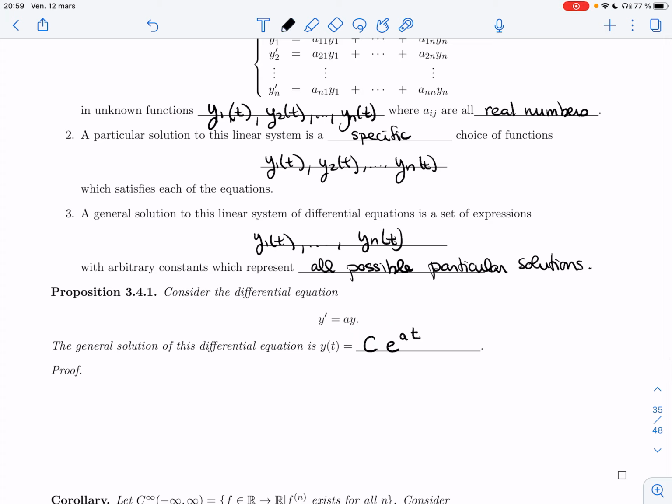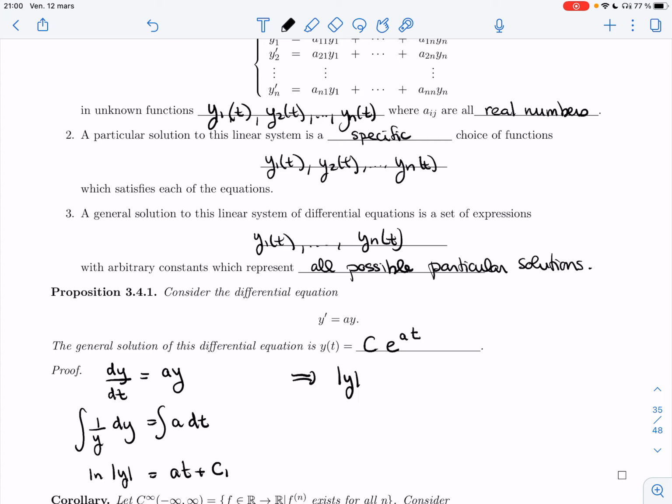Now, this is actually a separable differential equation, so if you remember from Cal 2, we can solve it as follows. I get dy over dt equals ay. I'm going to put all the y's on one side and all the t's on the other. I'm going to integrate both sides. On the left-hand side, I'll get ln of absolute value of y, and I'll get at plus, let's say, c1 on the right. To solve for the absolute value of y, I need to cancel the log.